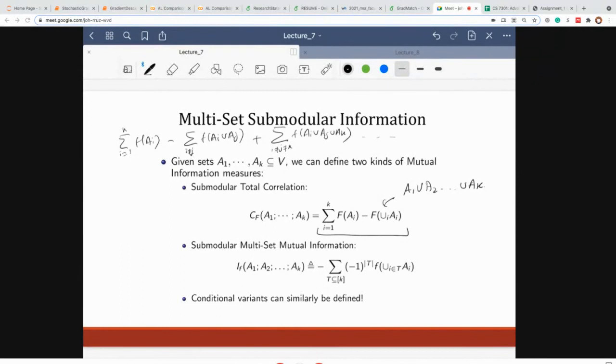So I'm taking all subsets of 1 to k, and taking the union with respect to t of f of Ai, and note that there is this inclusion-exclusion thing, so every alternating term has this minus and this plus. In some sense this goes in between, because the previous one just takes the first and the last term, whereas here we are using the intermediate ones, adding and subtracting. So this is another notion of a multi-set mutual information.